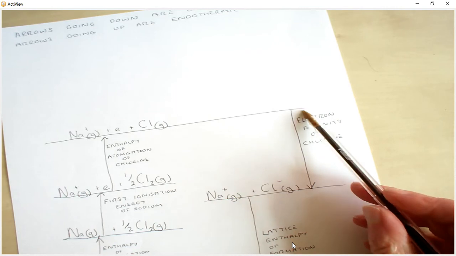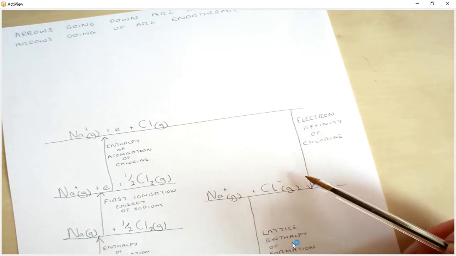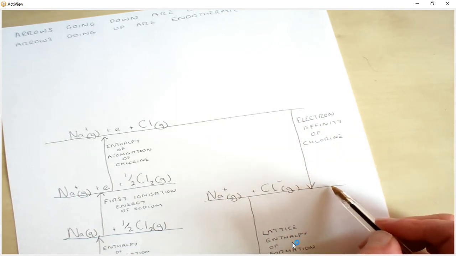When you do one involving something like oxygen that gains 2 electrons, the second electron affinity is endothermic because then you're trying to add something that's negative. So you're trying to add a negative electron to something that's already negative, and that causes a repulsion.